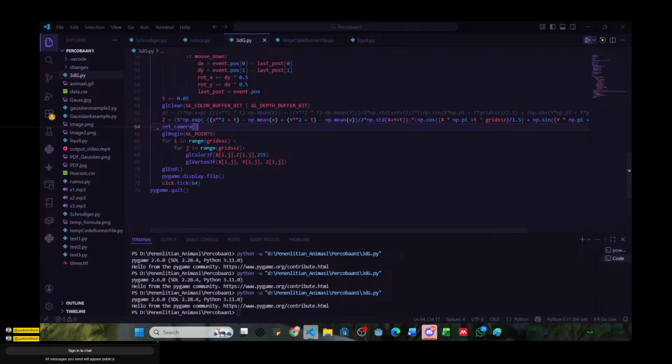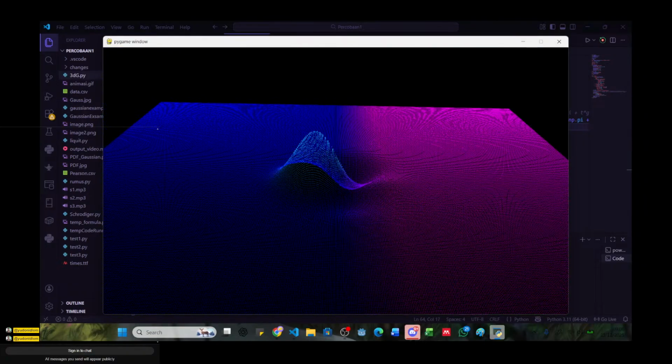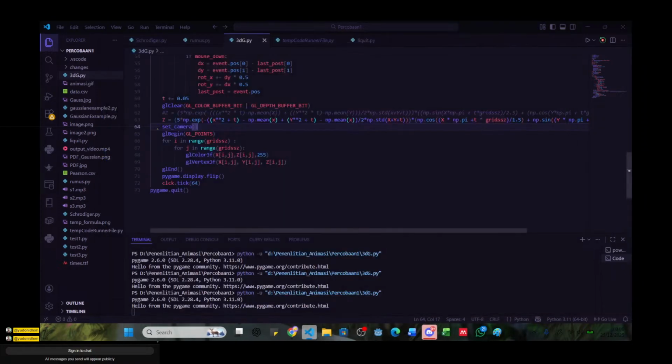So let's see the final wave. Okay, here we go. This is the Gaussian wave packet. It's a simple Gaussian wave packet, not actually a Gaussian wave packet. But why is this decreasing? Wait, we need to change it. I think the problem is this.